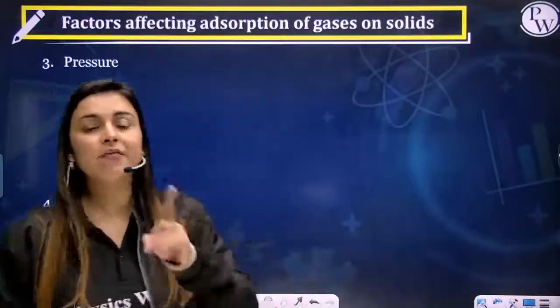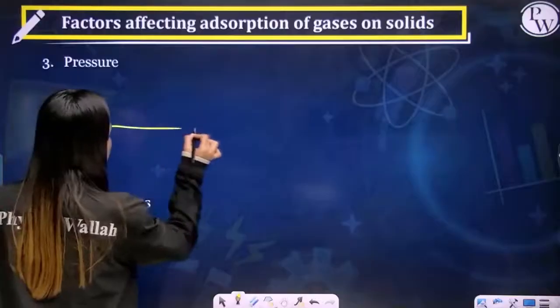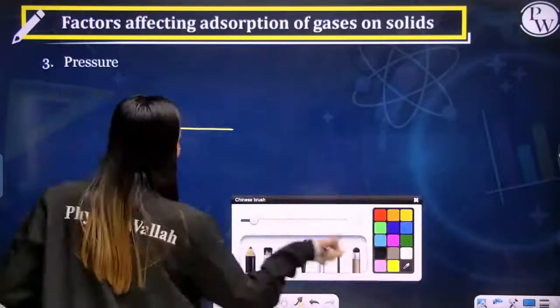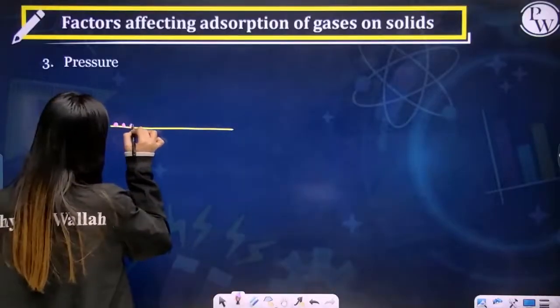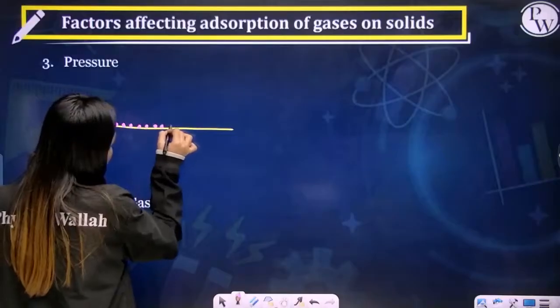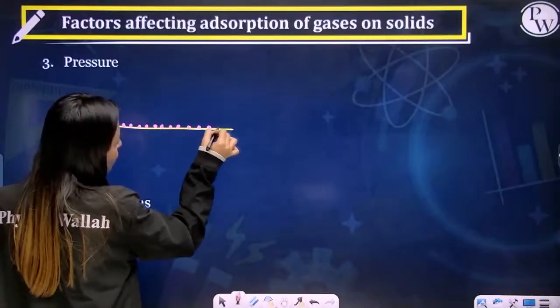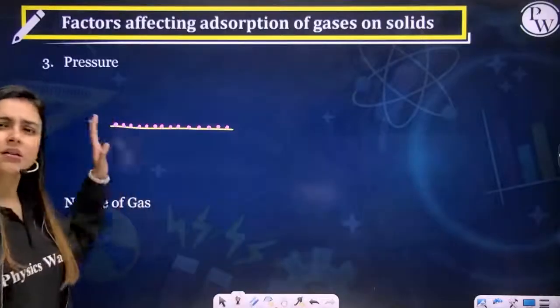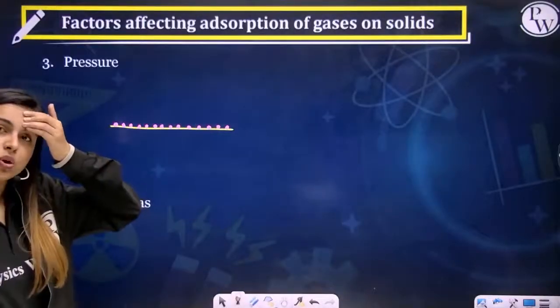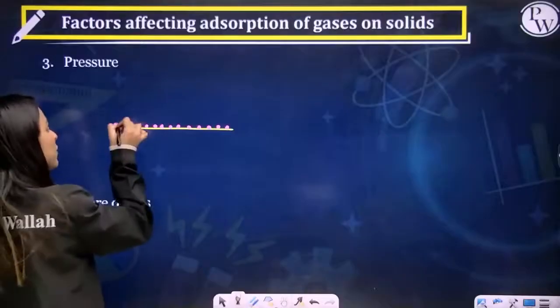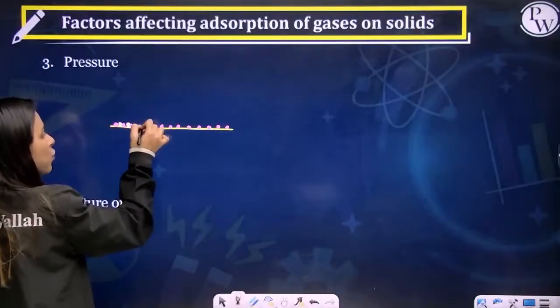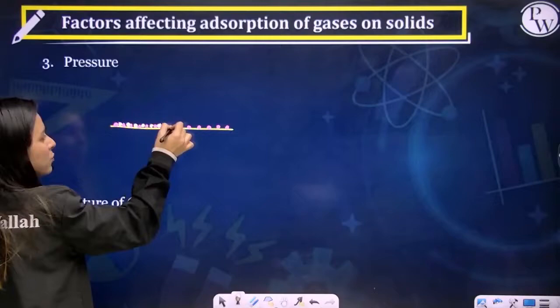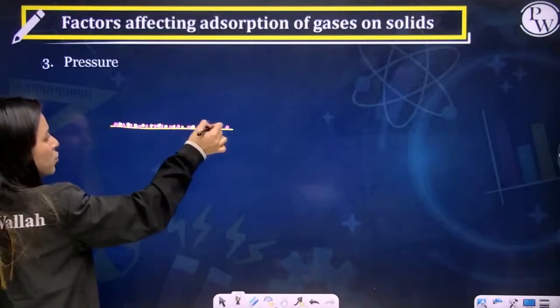Yes, the same way things happen for adsorption. Let's say you had a surface and you had particles here. You increase the pressure, the more you increase the pressure, the more the particles will adsorb. Now it is coming out that most of the particles got adsorbed on the surface. Now you increase even more pressure, then obviously a few more particles will get adsorbed in the empty space which was left, right?